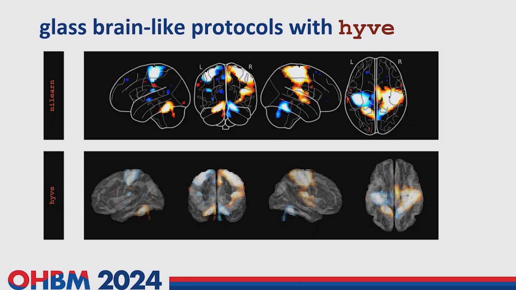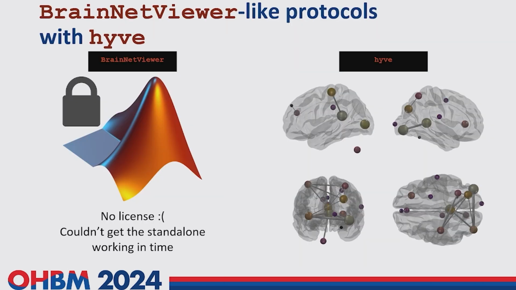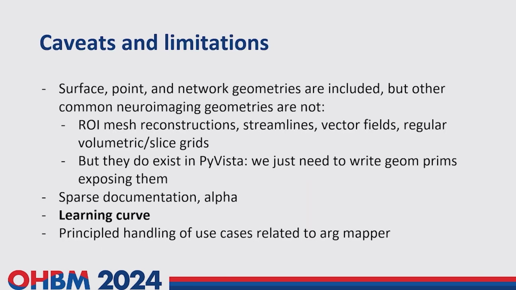If you like Nilearn's glass brain visualizations for volumetric data, you can get something similar using our point cloud geometry. And if you're familiar with BrainNet Viewer but prefer a more programmatic approach, our network geometries can also produce similar plots.